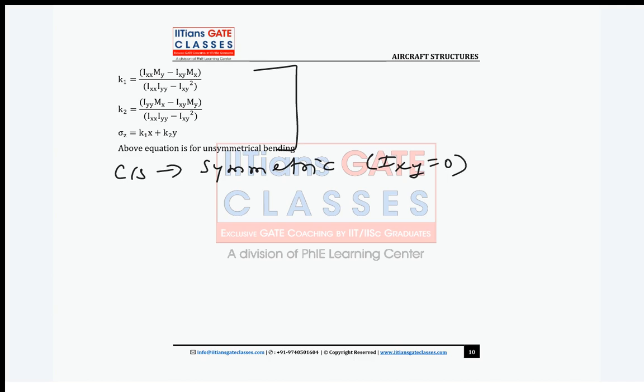When your Ixy is 0, your bending will be complex or compound bending. Clear? So what is that formula for complex or compound bending? It is My upon Iyy into x plus Mx upon Ixx into y.